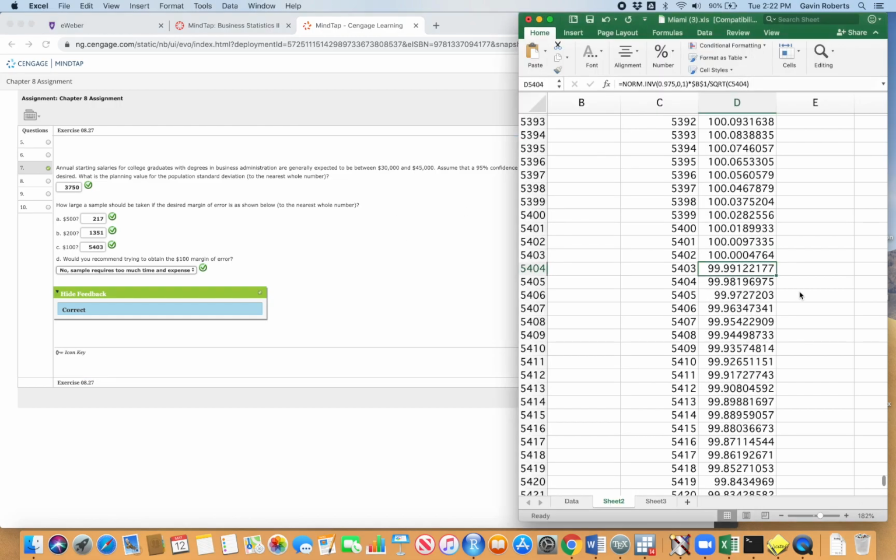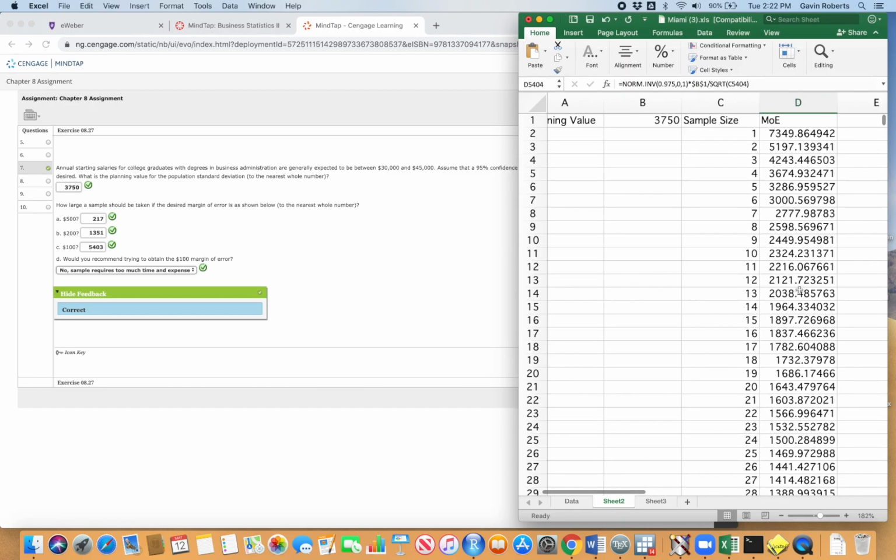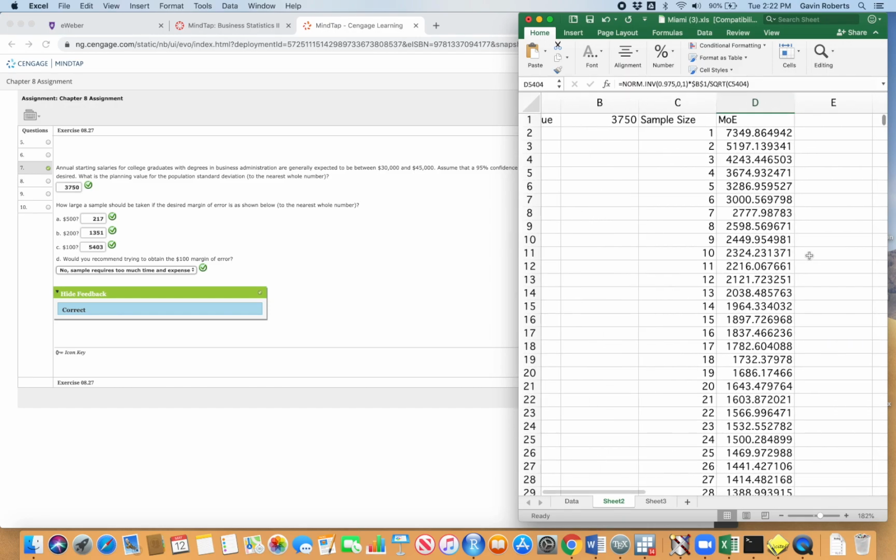One thing that's important to point out about this, about life, is that you could figure out these sample sizes using algebra, because you know the formula for the margin of error. You could do all the same stuff to both sides of the equation. In this case, you can use algebra, and if you like algebra, you should do that.